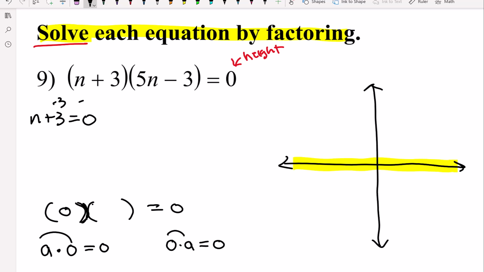we'd subtract 3 on both sides, we would have n is equal to negative 3. That would be one of the solutions. All right? And the graph is going to touch right there. Well, then we'd set the second set of parentheses equal to 0.